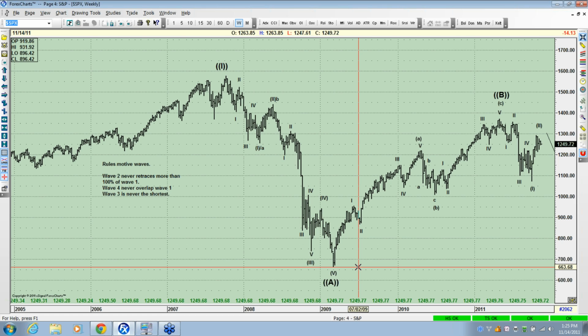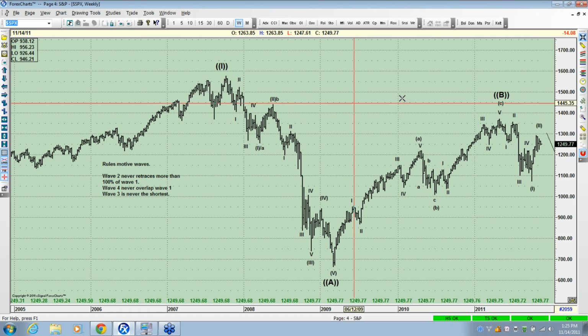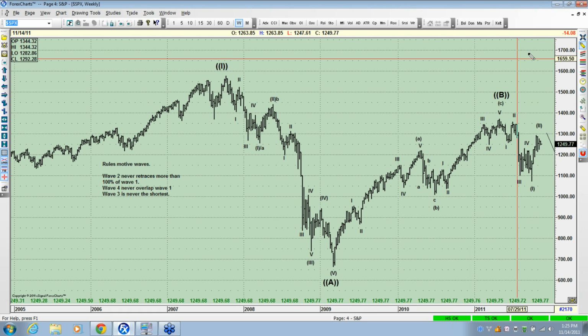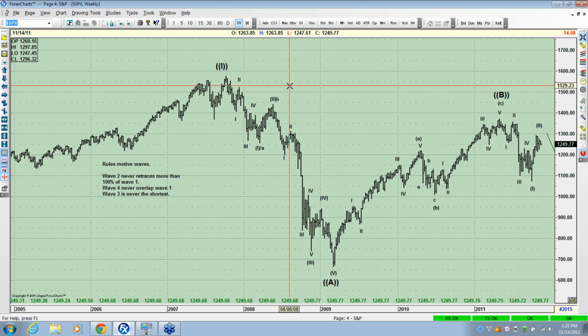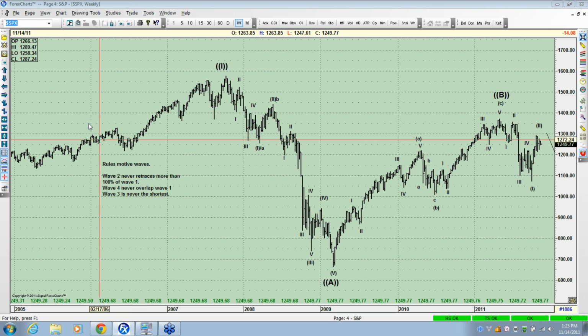Yes, there can be overlap within wave one. By concept, wave one is a fight between the old trend and the new trend, the old cycle and the new cycle, because seeing 5 waves against the previous move does not mean that you have a trend change.